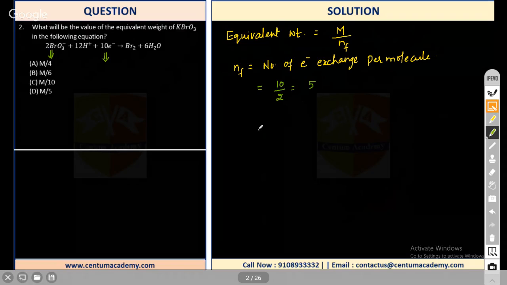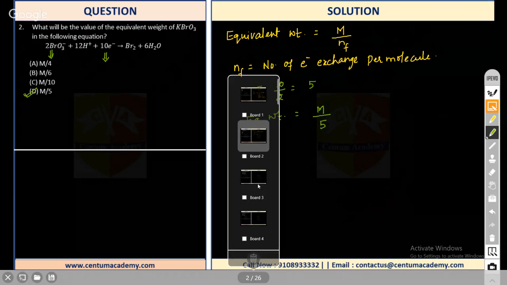Okay, so the equivalent weight of KBrO3 will be its molecular weight divided by n factor, which is 5, and hence the answer is option D. Very simple one. Okay, next question.